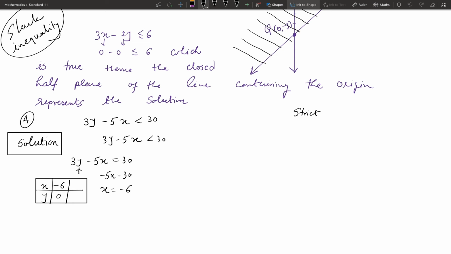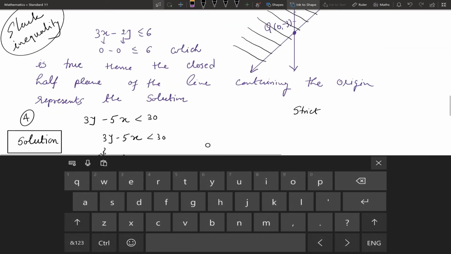And if we take x coordinate 0, if you put x equal to 0 in the equation, 3y equal to 30, so y equal to 10. So P(-6, 0) and Q(0, 10). These are two distinct points of the given line.